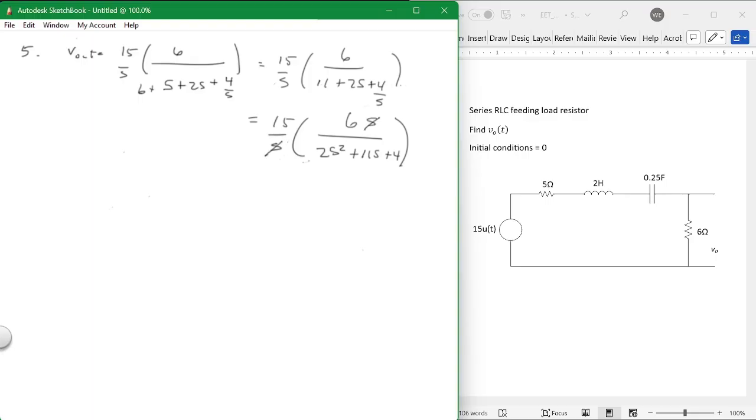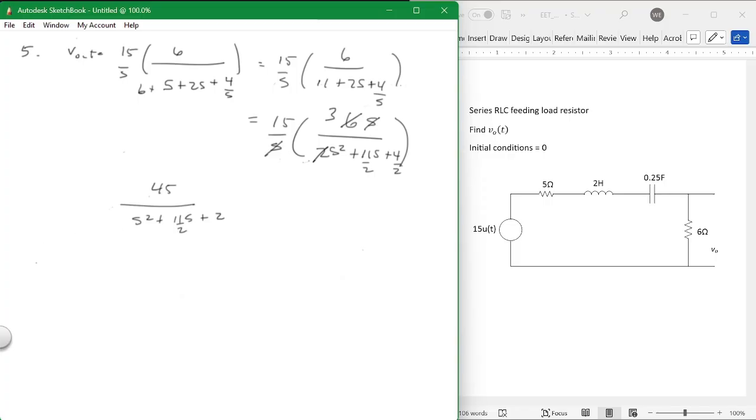So now I have 15 times that, and I can cancel: this becomes a 3, this becomes 11 over 2, and this becomes a 2. So now I've got 45 over S squared plus 11 over 2S plus 2. That made it correct. So now we have 11 over 2S.